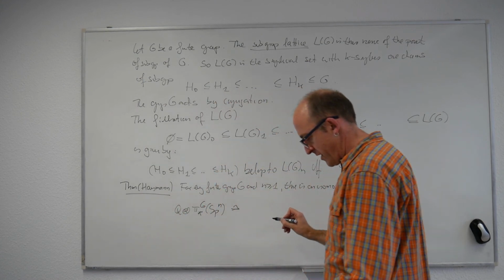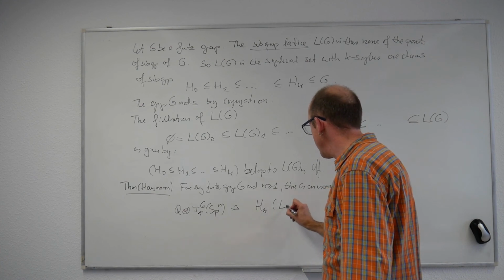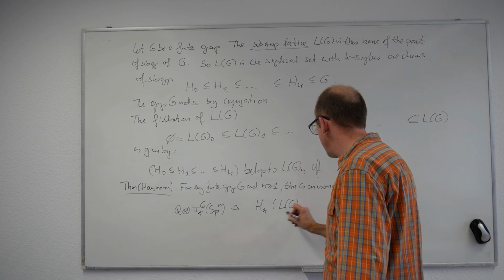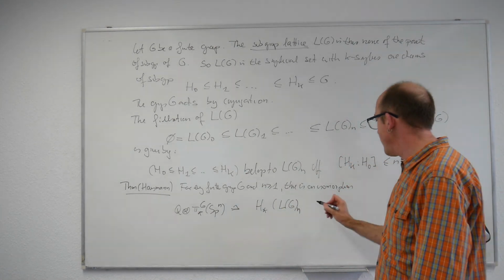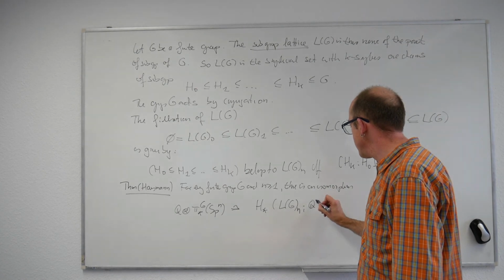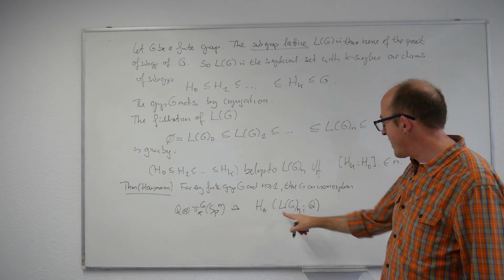And this is isomorphic to something more algebraic, namely the homology of this nth filtration stage in the subgroup lattice with rational coefficients. So that still has an action of G, which came from the action in here.